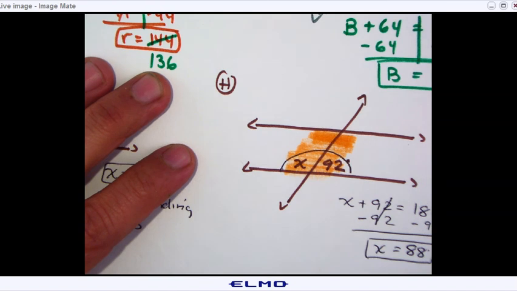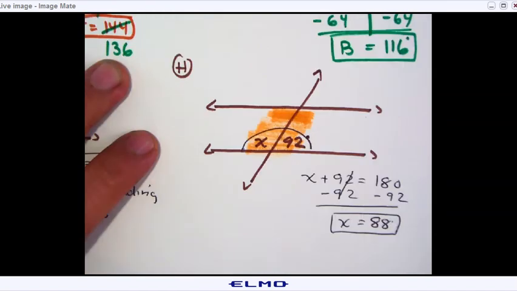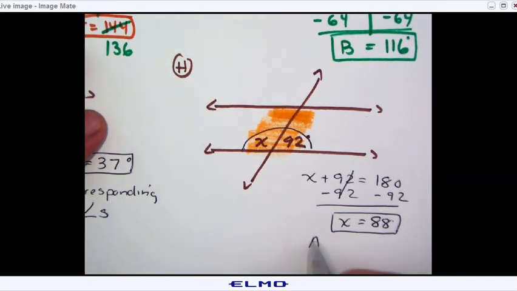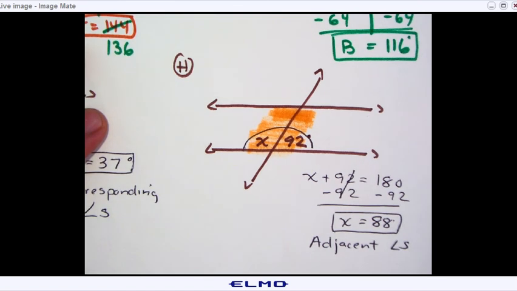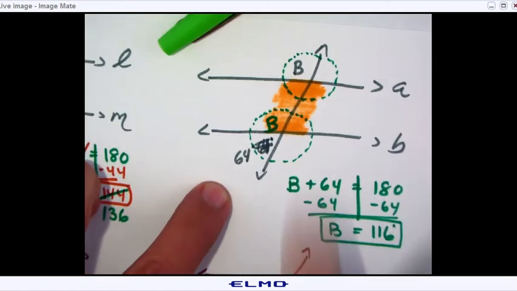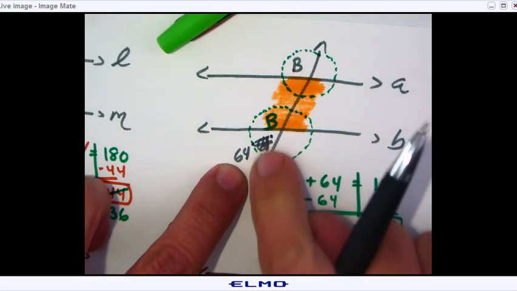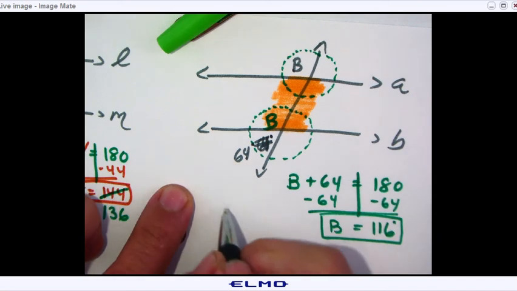Why? Because they are called adjacent angles. Put adjacent angles. So far, so good. Now over here, because the B went to this side, see how they're next to each other, they're also called adjacent angles.